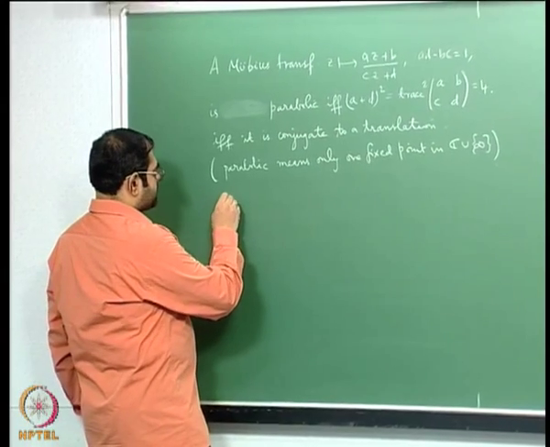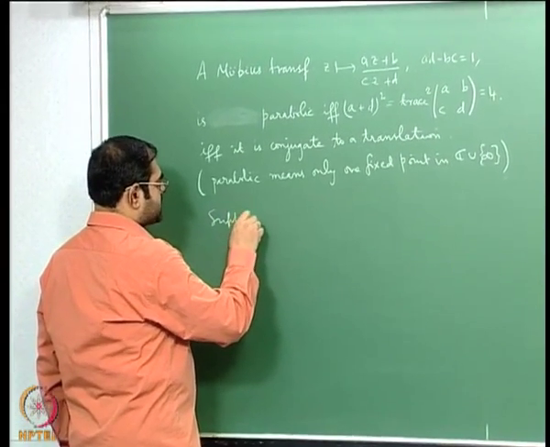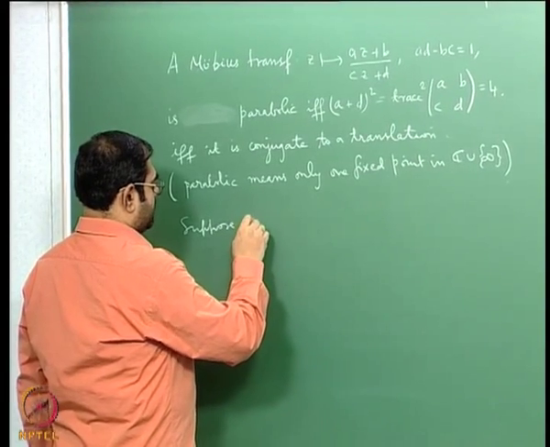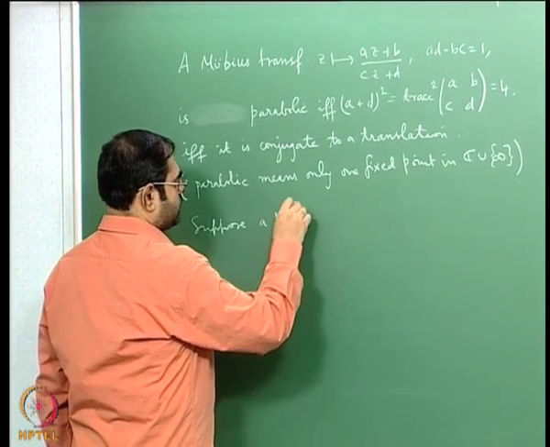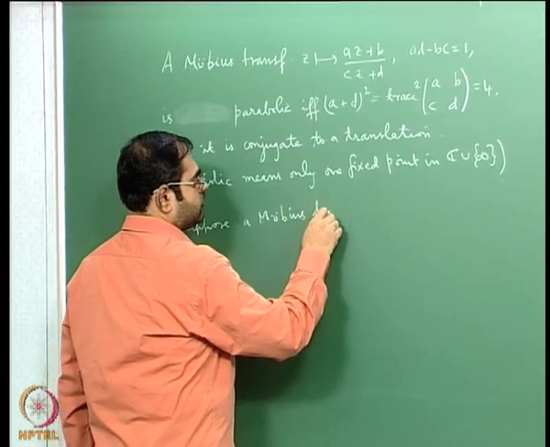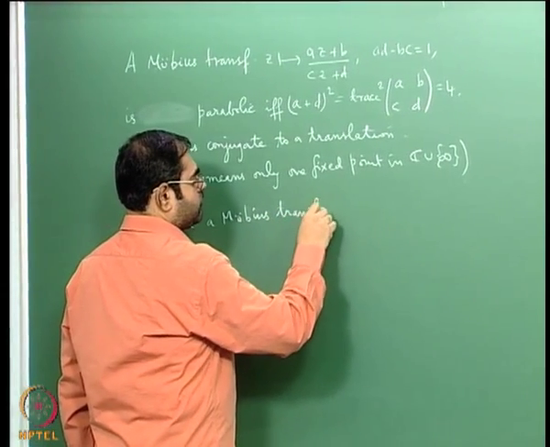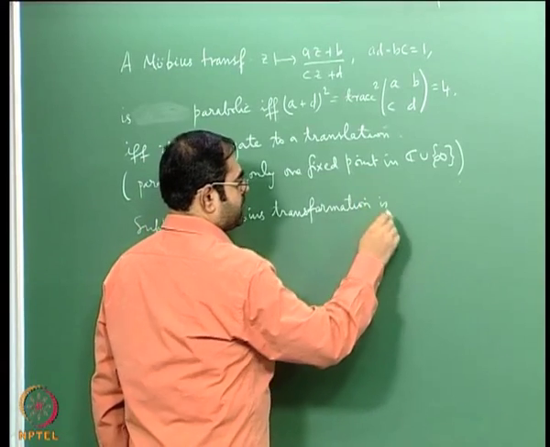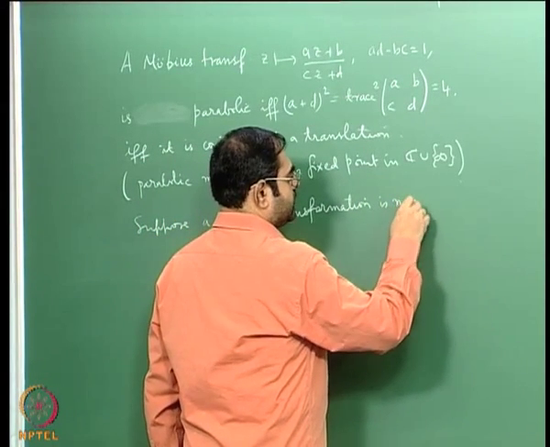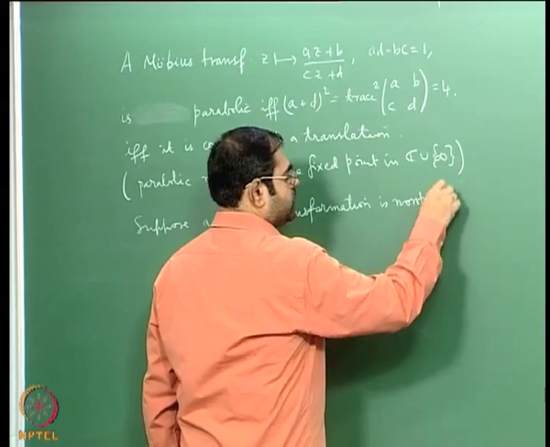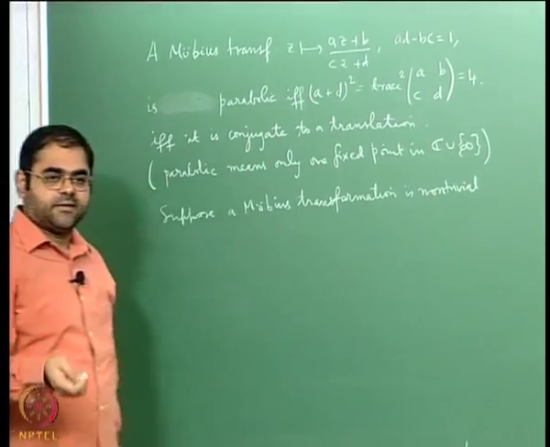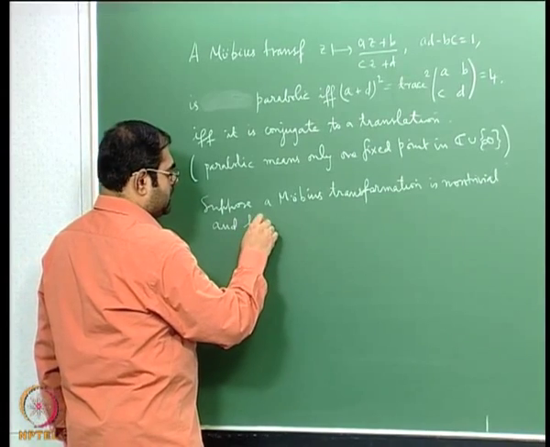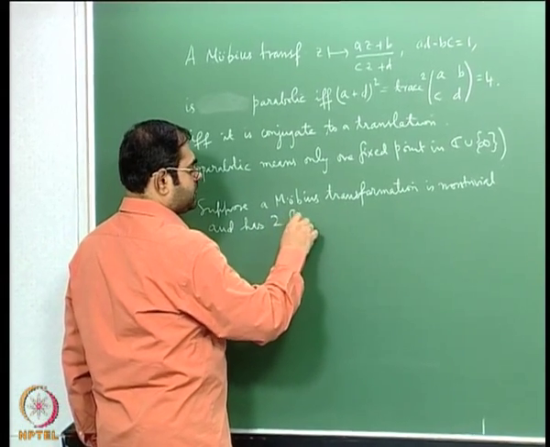Okay, so let me look at the other cases. Suppose a Moebius transformation is non-trivial, so it is not the identity transformation, and has two fixed points.